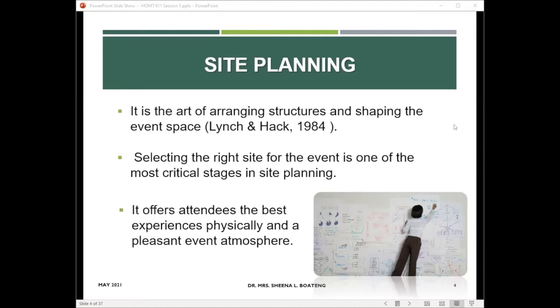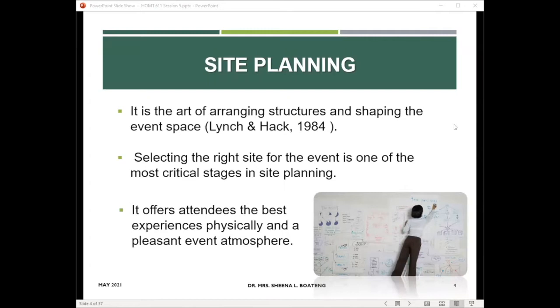Because using the criteria based on the event you are trying to plan and organize, you can come up with a number of site options which you can evaluate using these criteria, and then ultimately select the right one that meets the majority, if not all, of the criteria that you have stipulated to make it the preferred choice for hosting your event.